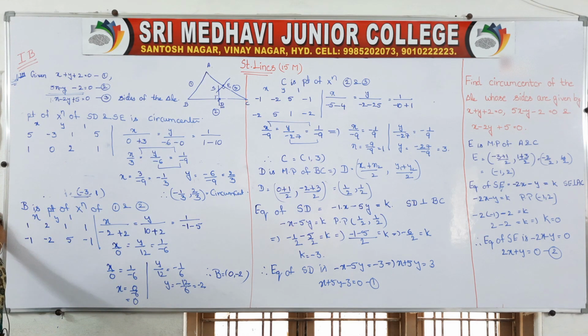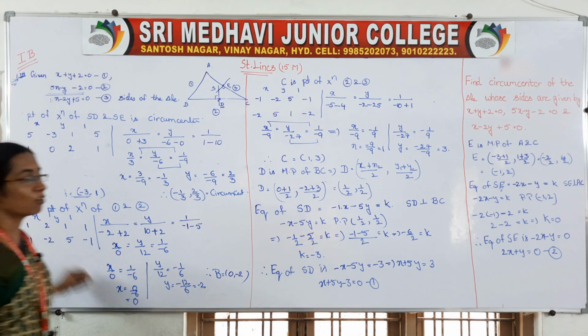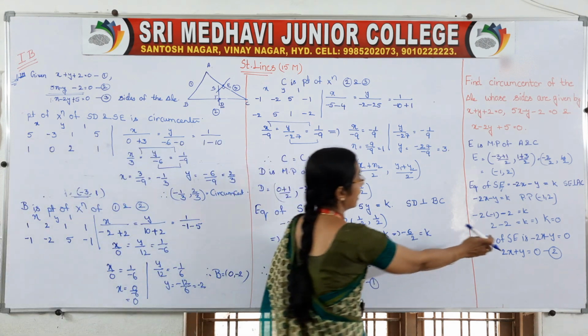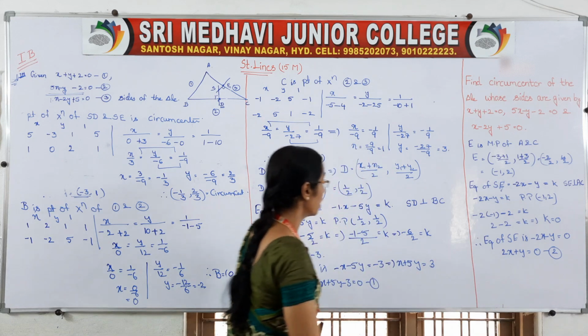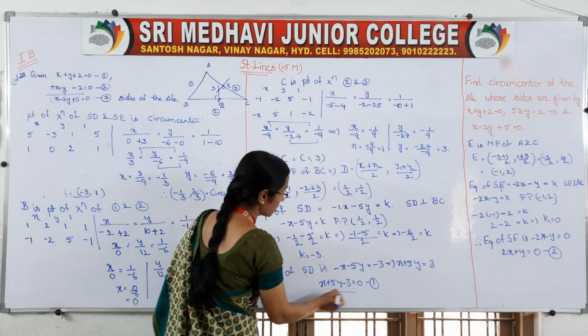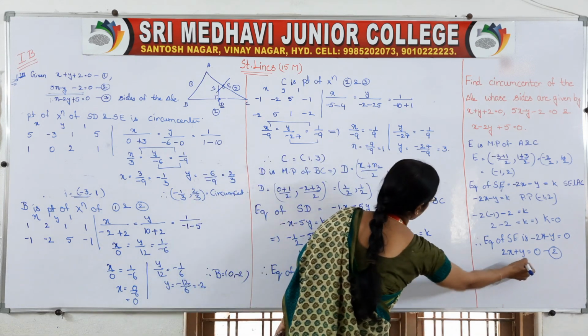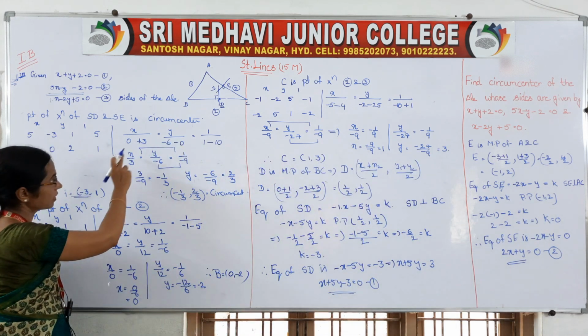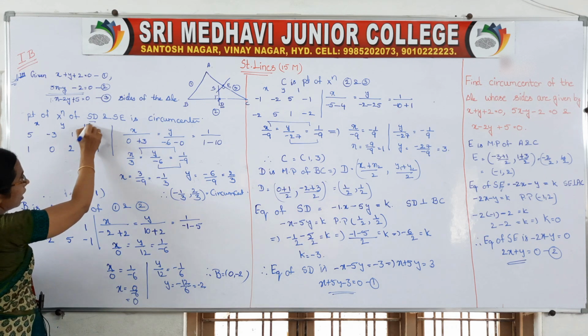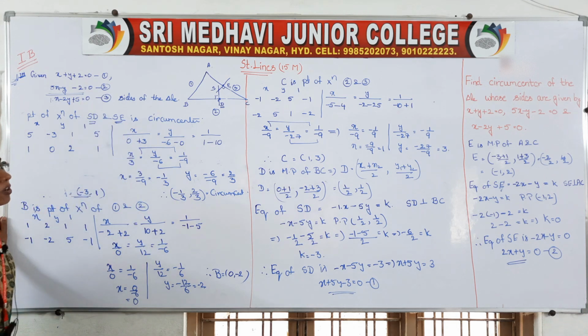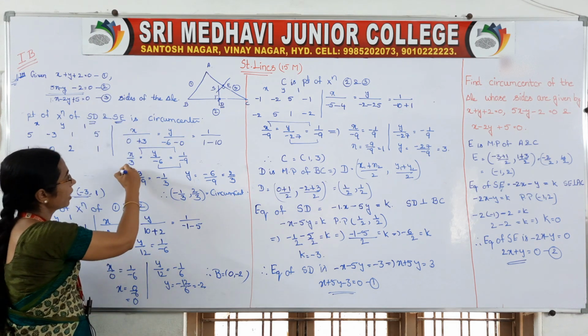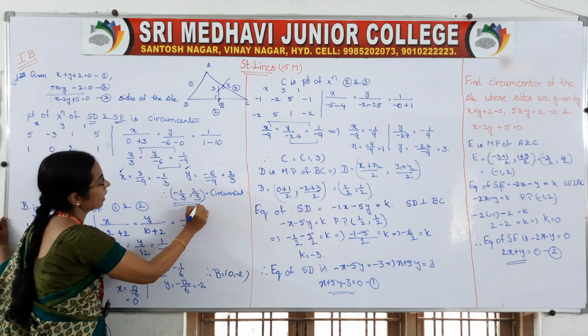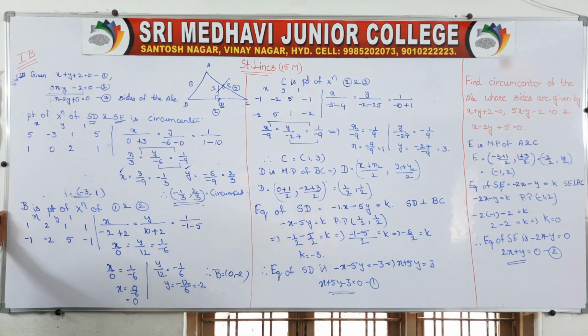After that you will get the equation of SE. Once we have the equation of SE and the equation of SD, you find the point of intersection of SD and SE. You will get your x and y values, and that is the circumcenter of the triangle.